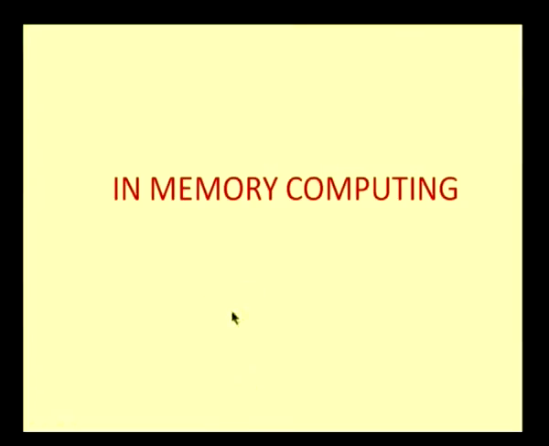Then the next topic is in-memory computing. We have conventional computing, and every time the data is brought to the main memory before the processing takes place. Since we have minimum data, it is possible to bring it and do it. The RAM capacity is 2 GB or 4 GB or 8 GB.